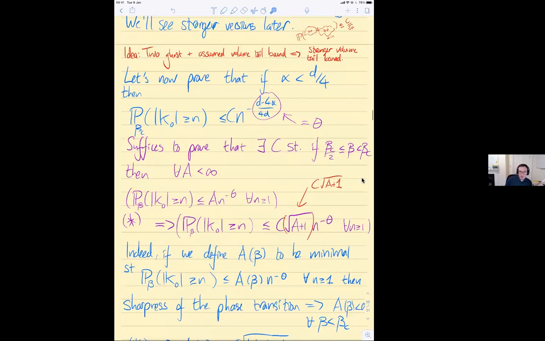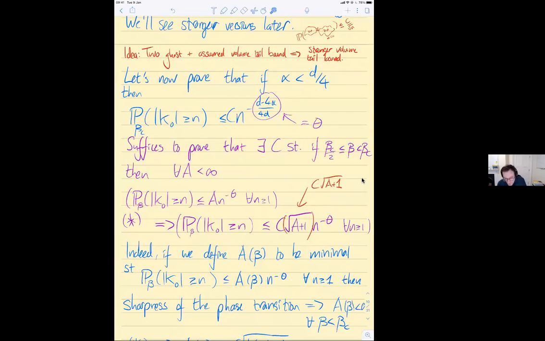The idea of the proof is to leverage this fact, that it's difficult to have two big clusters near each other, and learn that it's actually difficult just to have one big cluster. In particular, we'll use this two-ghost inequality together with an assumed volume tail bound to deduce a stronger volume tail bound, and then use this bootstrapping idea.